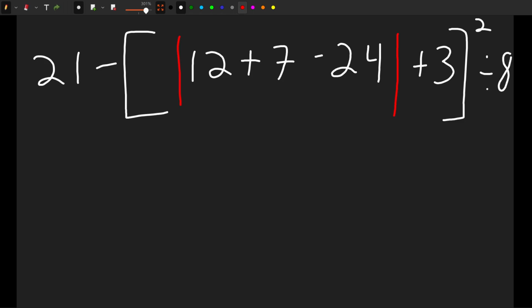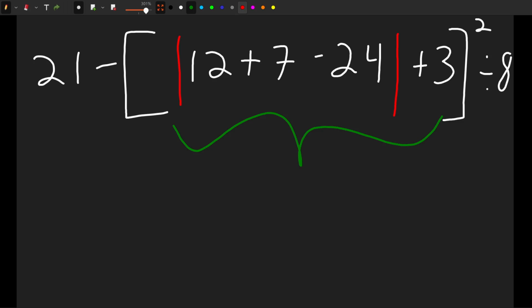Okay, so when we look at PEMDAS, we have our grouping to do, and so we're going to focus on this inner portion here first. Now, absolute value is another form of a grouping symbol, so we need to do that first, and then we can add the 3 back.